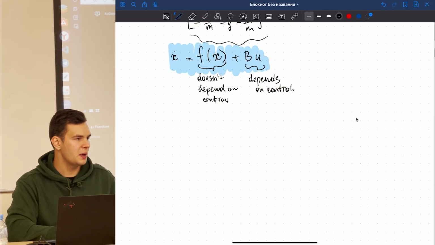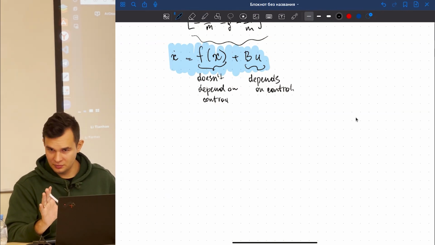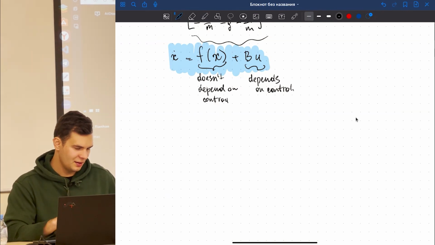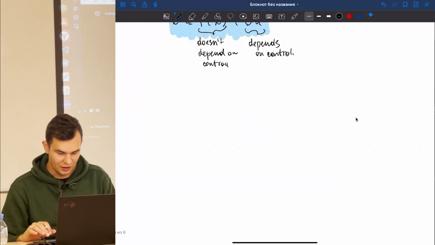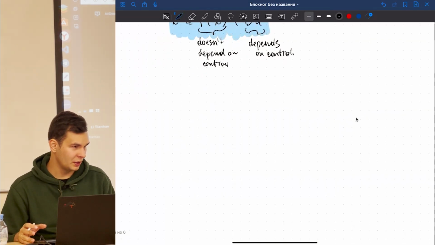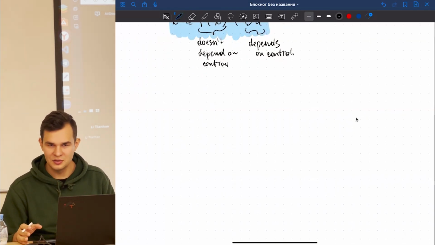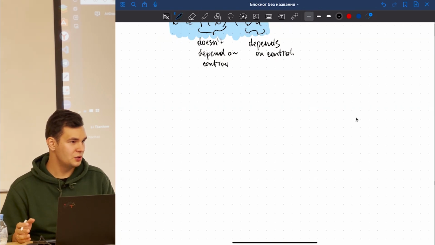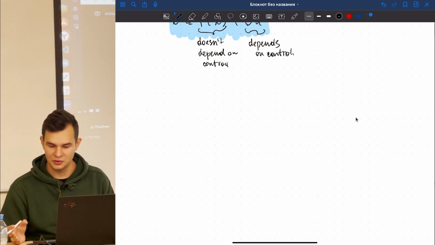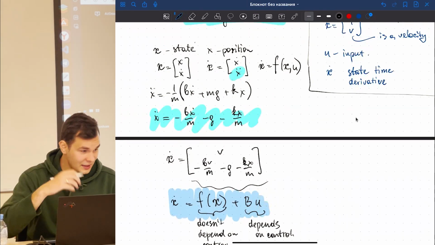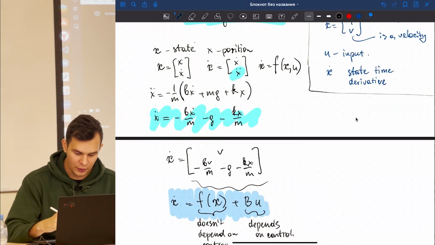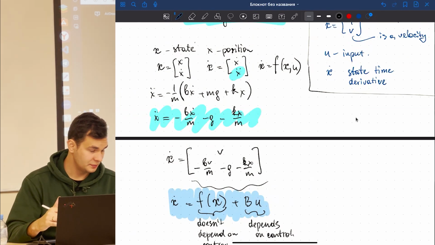Have you used MATLAB before? Yes. So we're not going to use MATLAB, but I'll just make a little picture. You're familiar with Simulink. Simulink is just something that allows you to compose these differential equations. So let's create a block diagram out of the equation that we just derived.